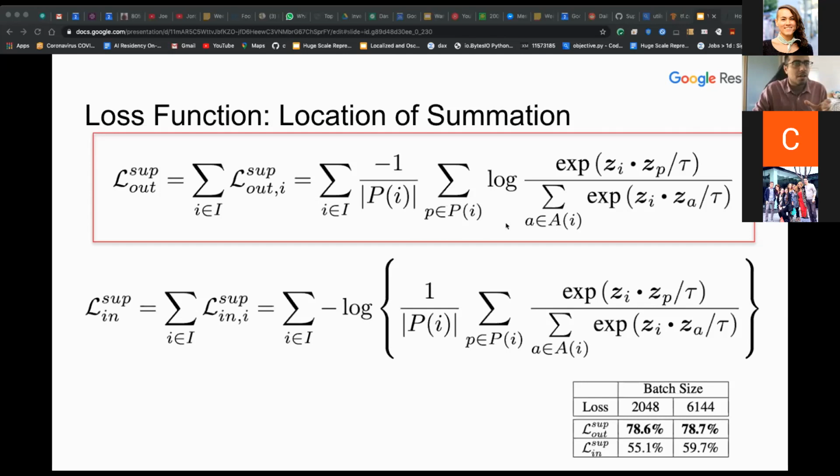Right. The next part is that we again have a likelihood term, but this likelihood term is computed for every positive. So for a given anchor, for every positive that exists, you compute this likelihood term very similar to self-supervised, where you have this dot product, which is supposed to be a measure of similarity, and then you exponentiate to get this likelihood term.